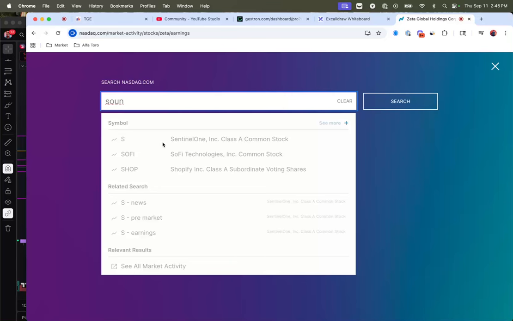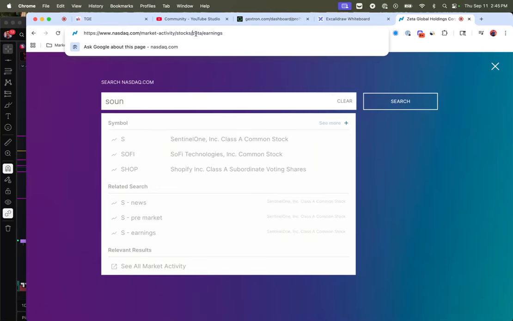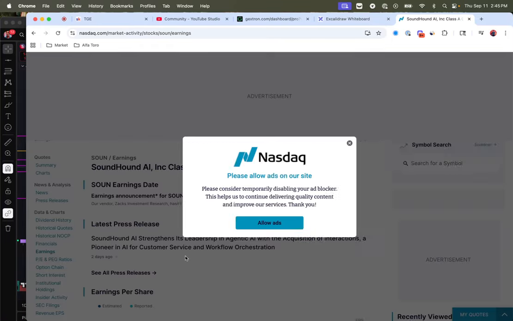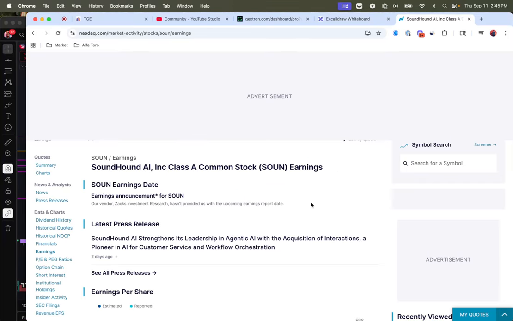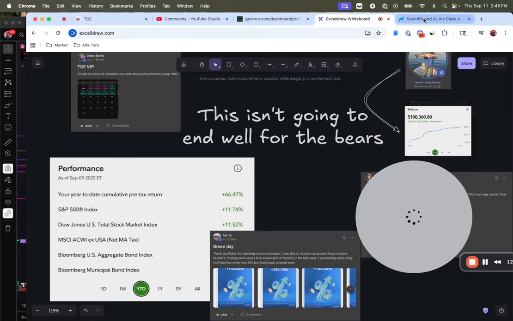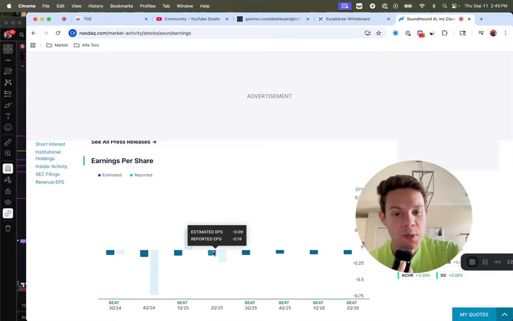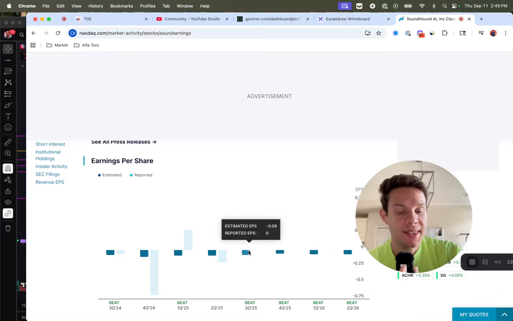Okay, here we go. Sound has one more quarter that is going to be better than the previous one. This was a negative 0.09, and now it's supposed to be negative 0.08, which is better. And the next one is going to be negative 0.06, which is better. We just want to capture this entire move.